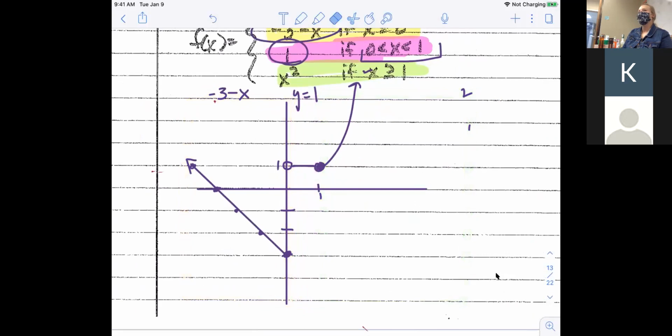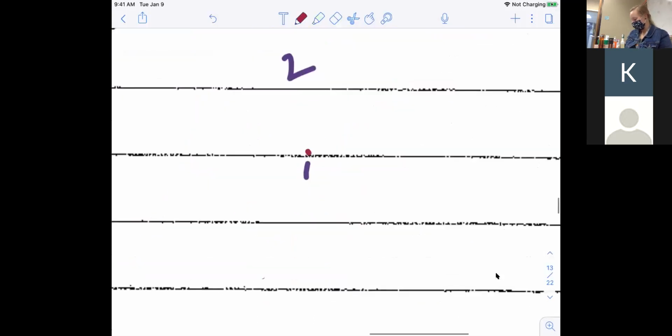Is it just one point that's out of place? Is it a jump discontinuity? Yeah. Think about it. If I wanted to pull this all the way up here, it would work. It would fix my problem. So I'm going to call this jump discontinuity.